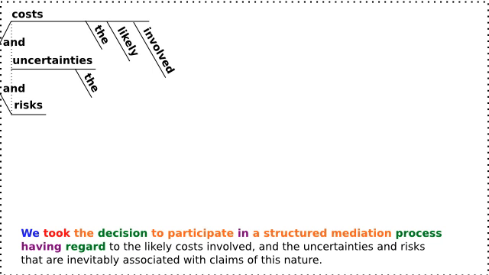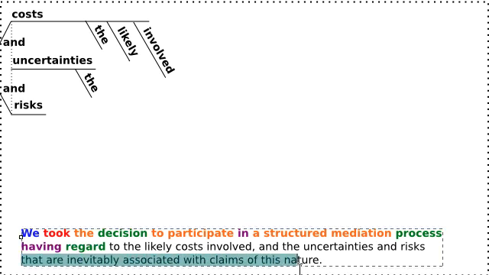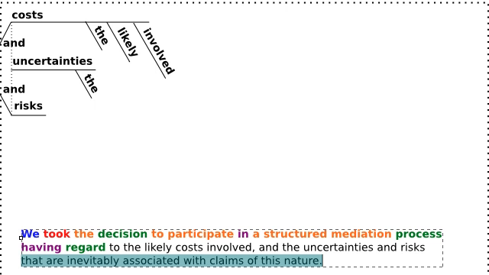Now let's ask a question of the 3 objects of the preposition, costs and uncertainties and risks. As a group, we could ask, what sort of costs and uncertainties and risks? And the answer is the remainder of the sentence. Costs and uncertainties and risks that are inevitably associated with claims of this nature.